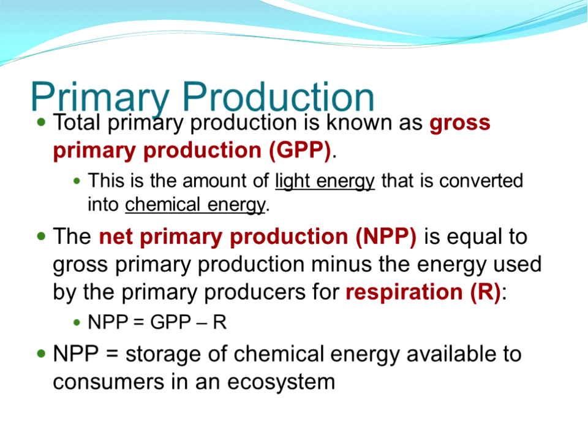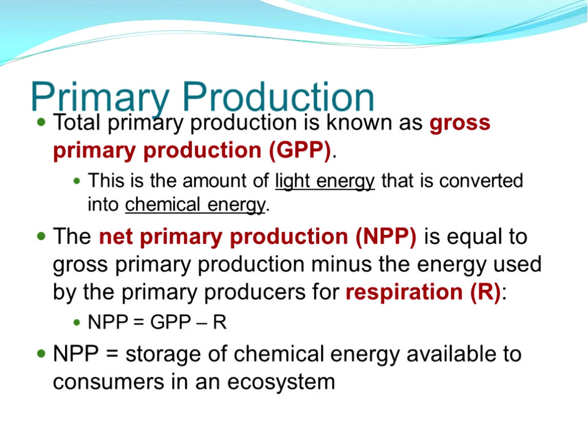So bringing us to how the amount of energy that is available, we look at the primary production. So primary production is the gross primary production, GPP, and this is the amount of light energy that is converted into the chemical energy, okay? The net primary production, the NPP, is the gross primary production minus the energy that's actually used by the producers for respiration, okay?